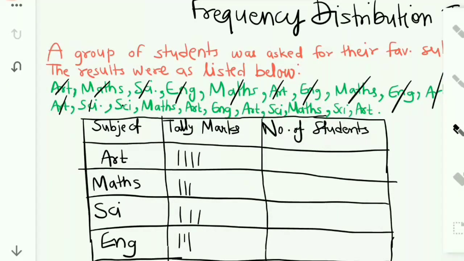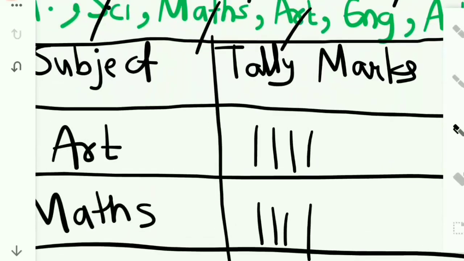Now science, again science, maths, art. Now art has 4 lines already. So to add this 5th line, what we do is we cross out all the 4 lines. And this complete crossed bundle of lines means 5 has been counted here.